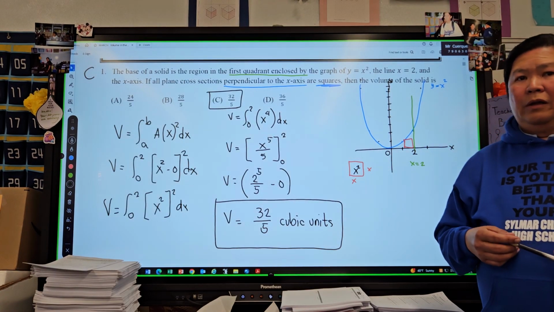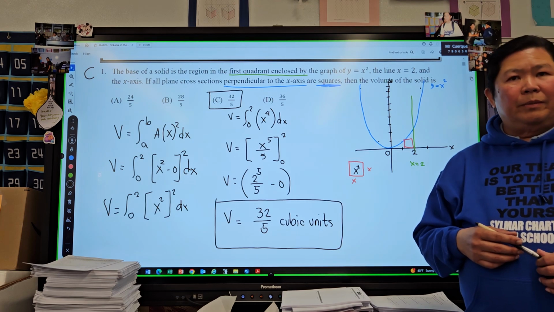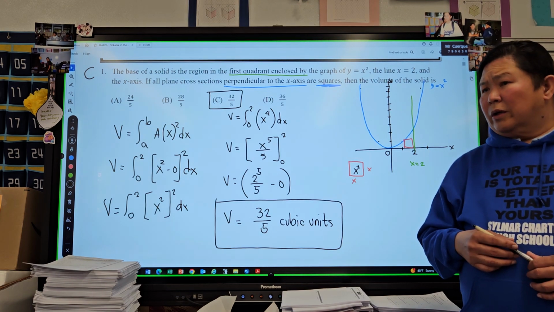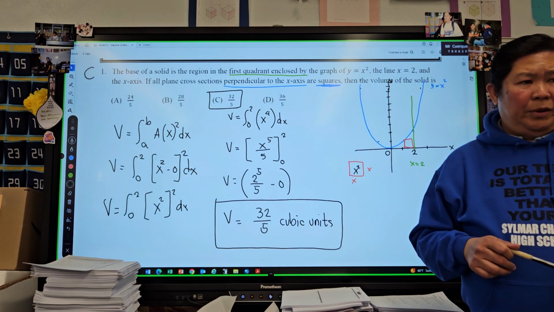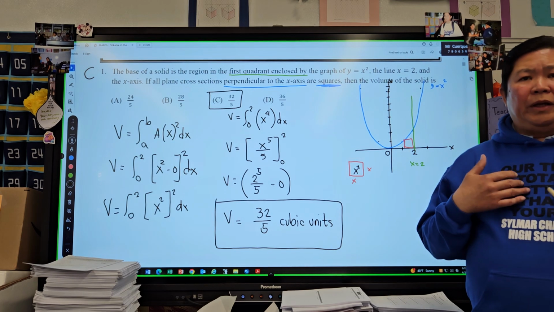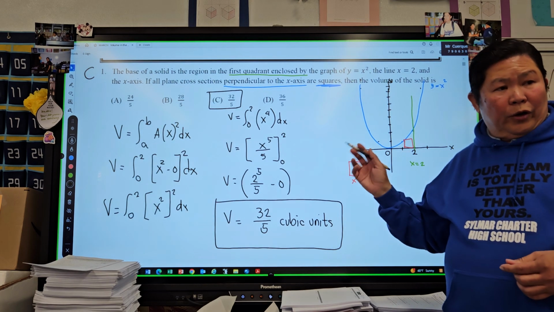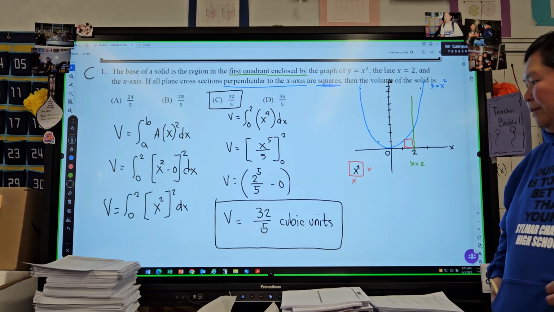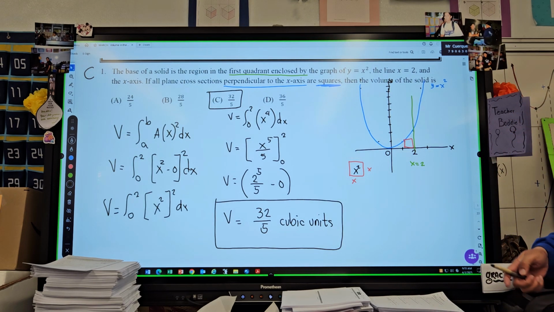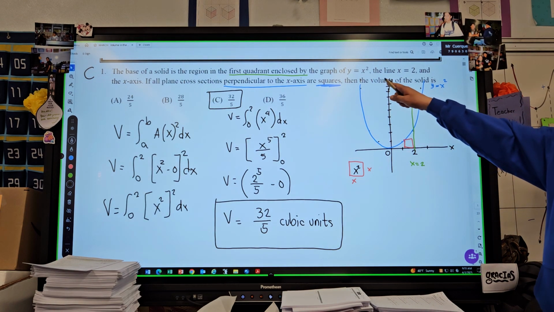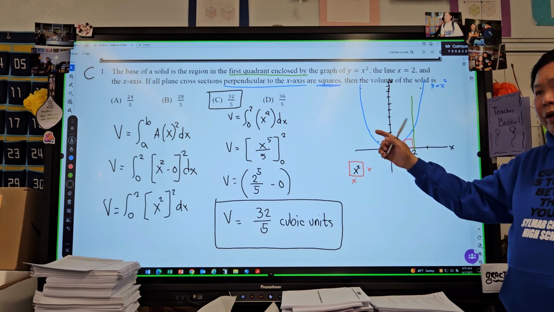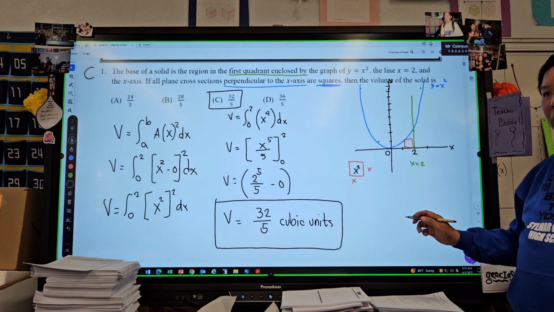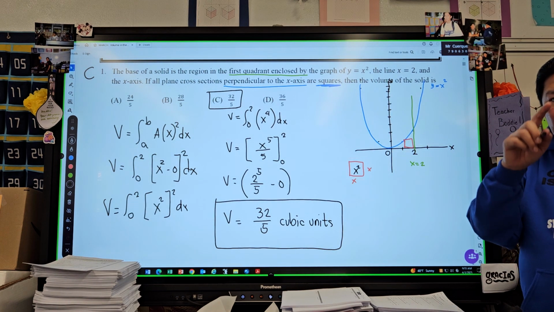Normally there are volume problems like 5 or 4 on the actual AP, but 30 questions for us to review is enough. So long as you know, whatever word that you encounter right here, this is a square, you always have to draw a square right here and also at the bottom, so you have a guide.